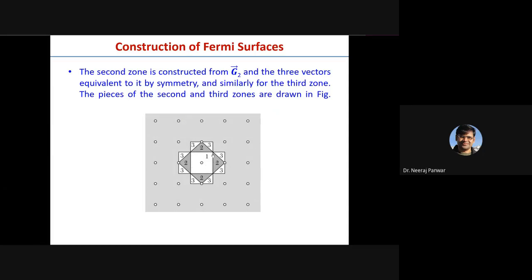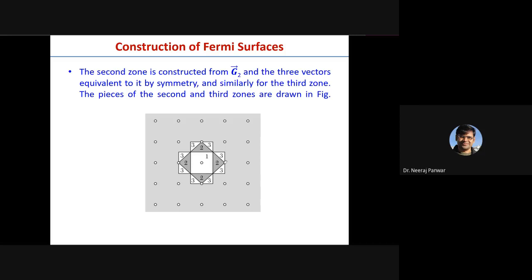What we need to do is, with the help of a suitable reciprocal lattice vector, translate these sections into the first Brillouin zone. And remember that I have told you that the area enclosed by all the Brillouin zones in two dimensions is equal, and in three dimensions, the volume of all Brillouin zones is equal.